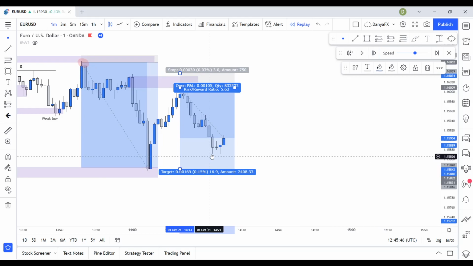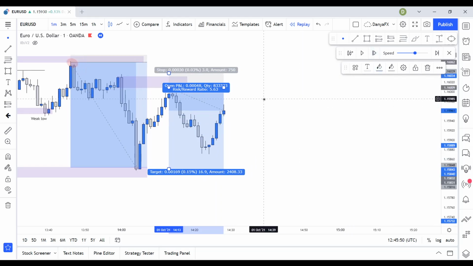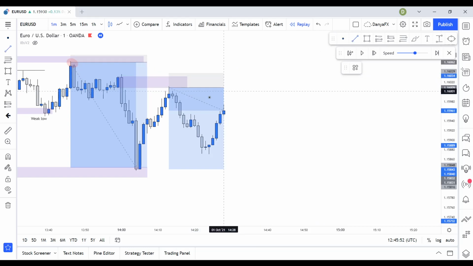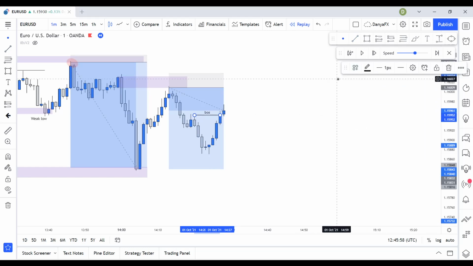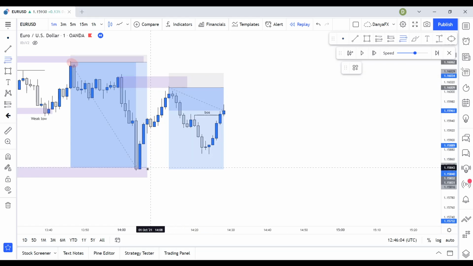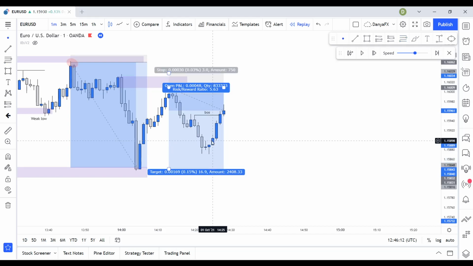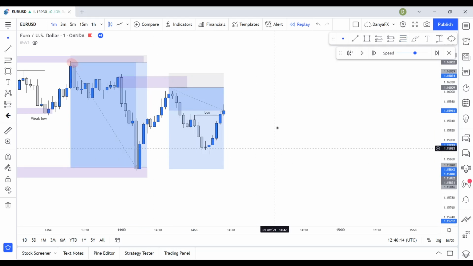We see a great reaction, but then we break this low and we react from, I guess, 50%. Yep, we react from 50% almost of this candle.